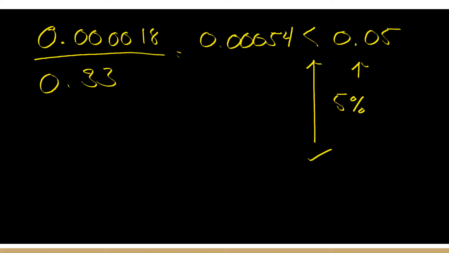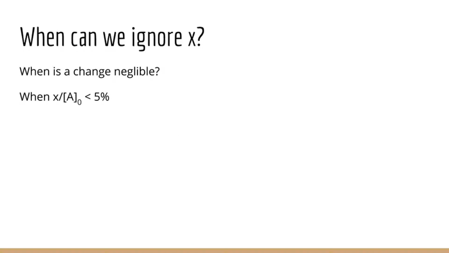If x is less than 5% of whatever you were comparing it to, then yes, x was negligible. If x is greater than 5%, then that's just a little bit too big, and you're going to have to do all of the algebra that is required. Okay? So that's the rule, 5%.